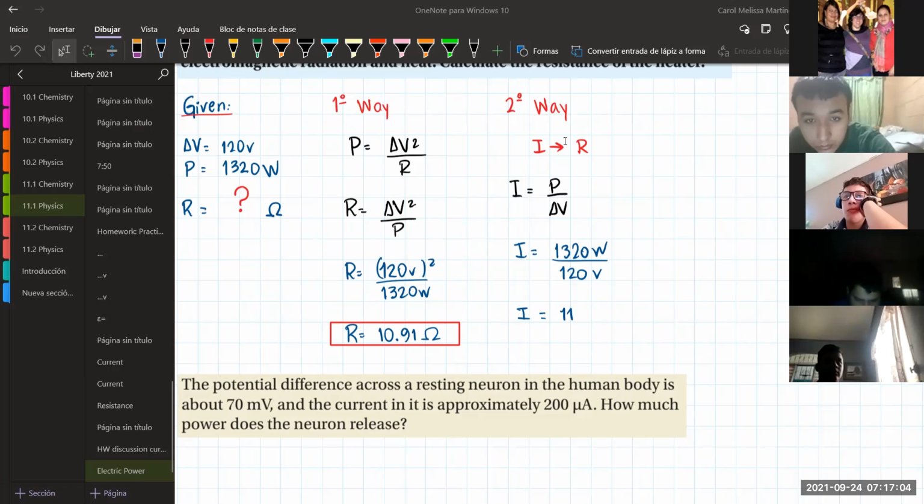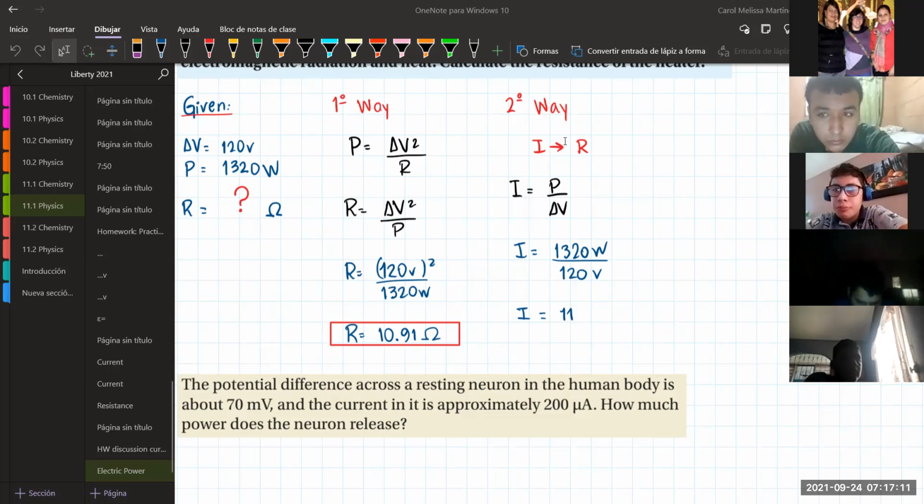We measure power in watts, and power by definition is the rate at which work is done. That means a watt is equal to joules per second.